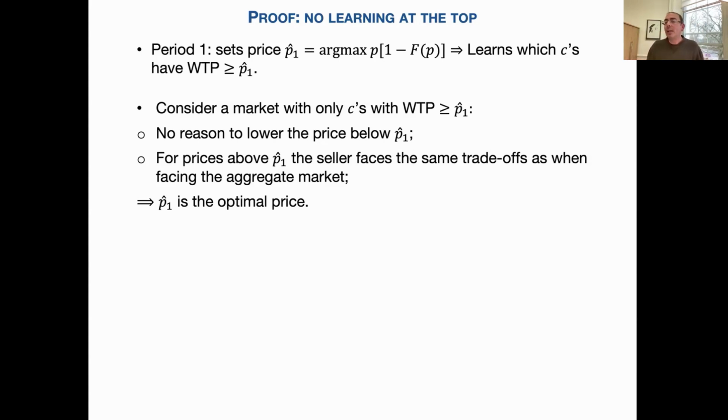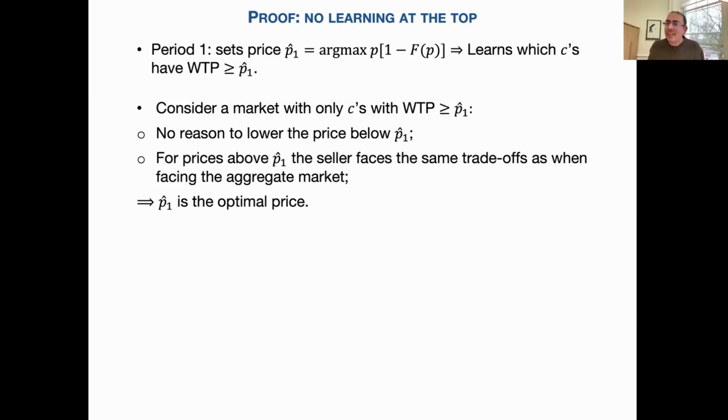Another way of thinking about it: I didn't want to exclude people with a value above P_1 before. Now, why would I want to exclude them? I also don't want to exclude them. If it wasn't optimal before, it means that getting a bit of higher margin was not worth it given that I was going to lose a bit of consumers.